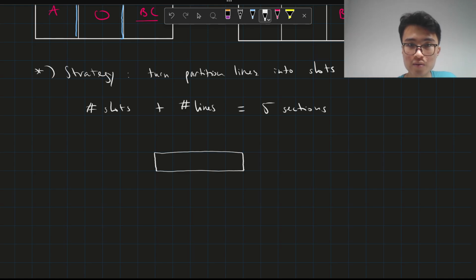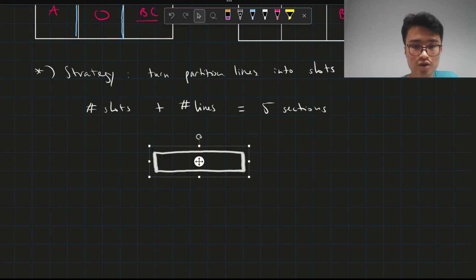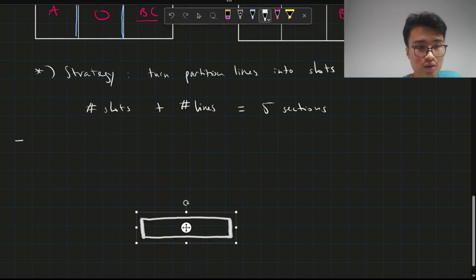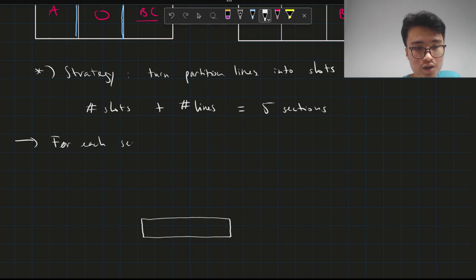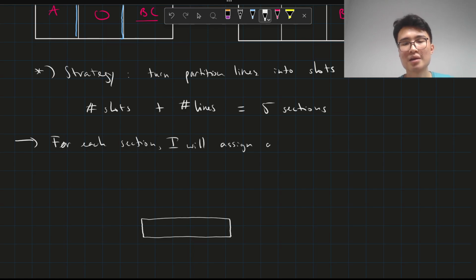Now maybe for each section, I can assign a microstate. So for each section, I will assign a unique microstate.